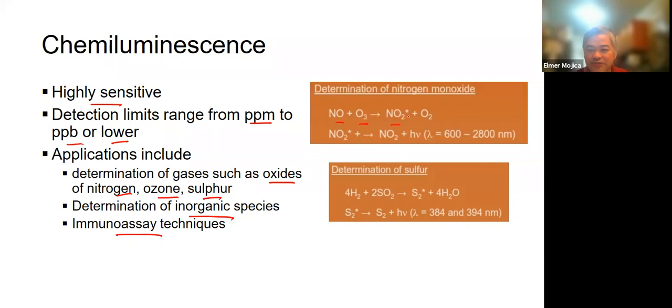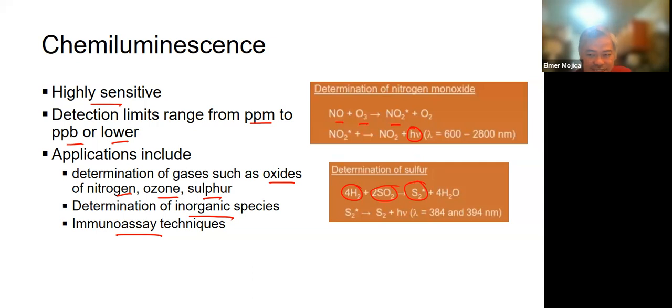You produce NO2*, that is, we could say, excited. And what happened there? That can generate some light. It produces some chemiluminescence reaction. Or you have hydrogen with sulfur oxide. It can produce the SO2*, and that can also generate you some light.